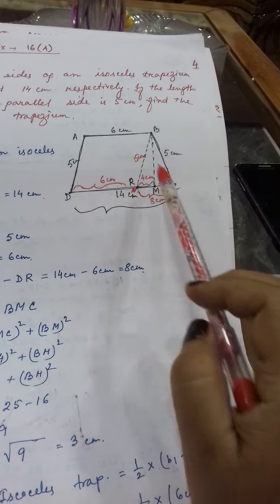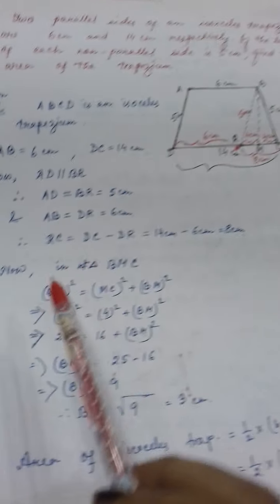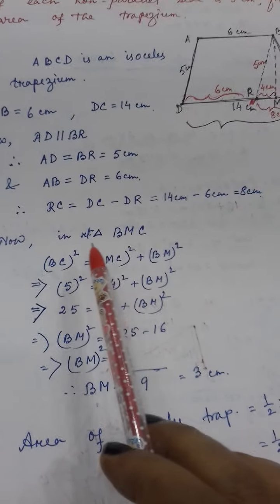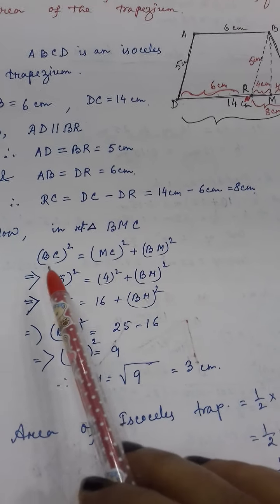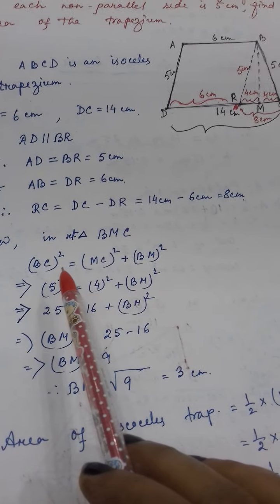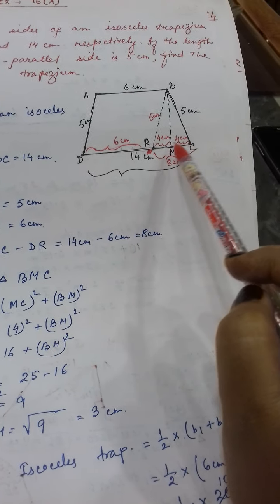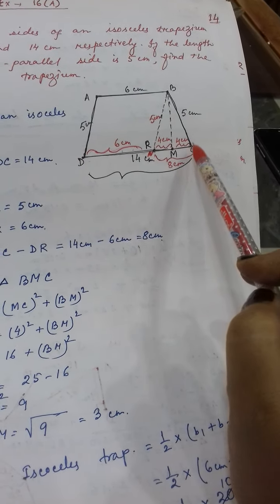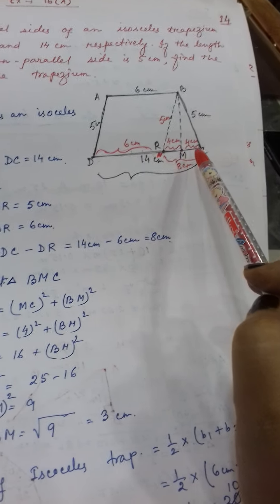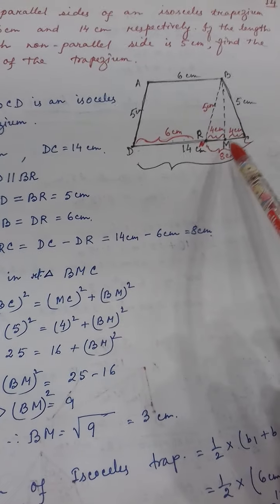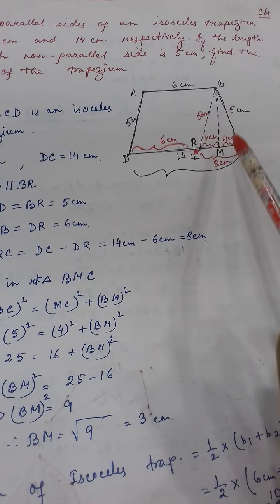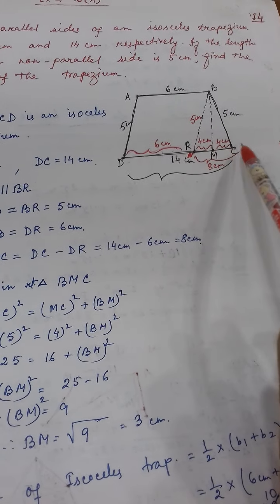From here you have to find out first BM. See, first I have considered here right angle triangle BMC. So BC is the hypotenuse. Clear or not? This is the perpendicular, it is the base, and BC is the hypotenuse. So hypotenuse BC square is equal to MC square plus BM square. This is the actual Pythagoras formula.